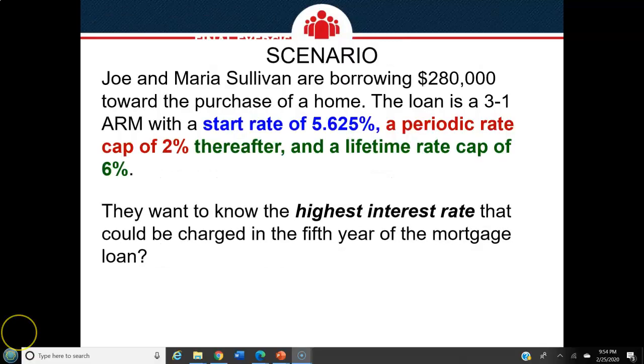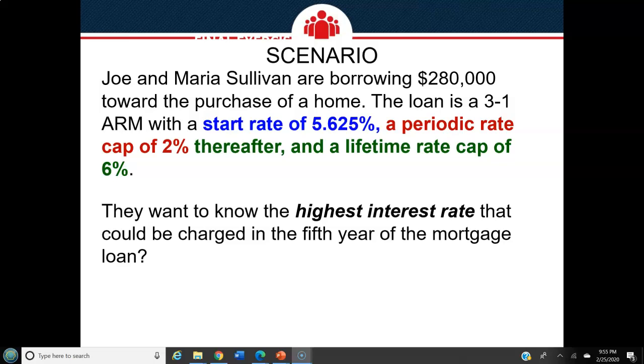So let's take a look at this scenario. Joe and Maria Sullivan are borrowing $280,000 toward the purchase of a new home. The loan is a 3-1 ARM, meaning it's fixed for 3 years and then it adjusts every year thereafter.